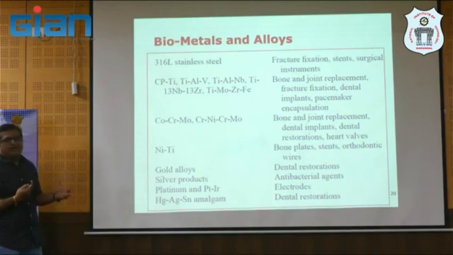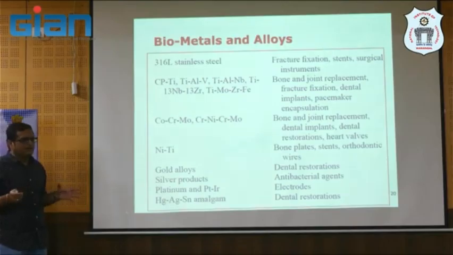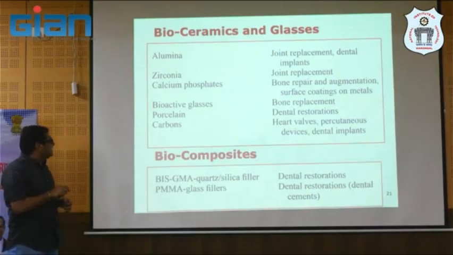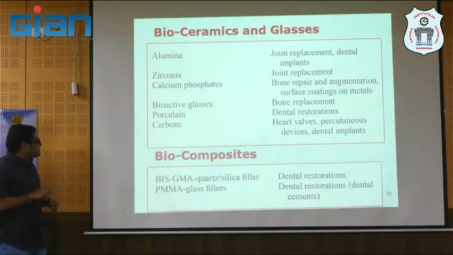Almost all of these metals and alloys you can 3D print or additively manufacture. What we need to find is what kind of process to use for processing these materials.